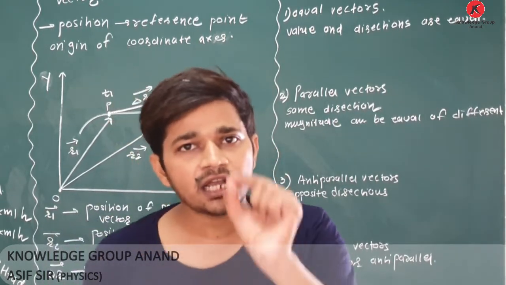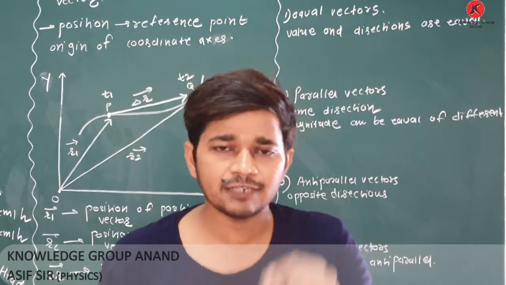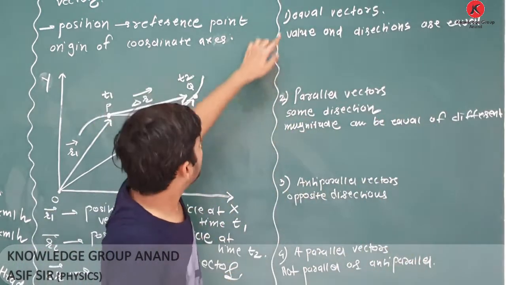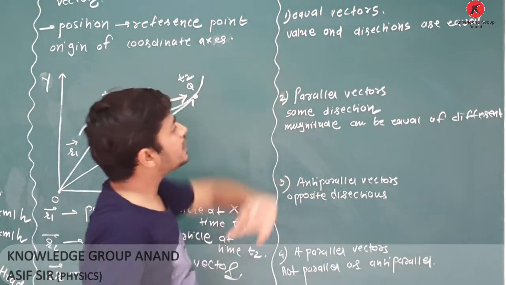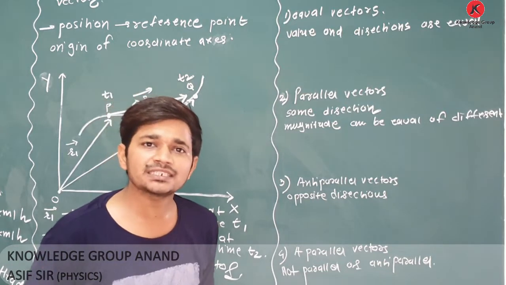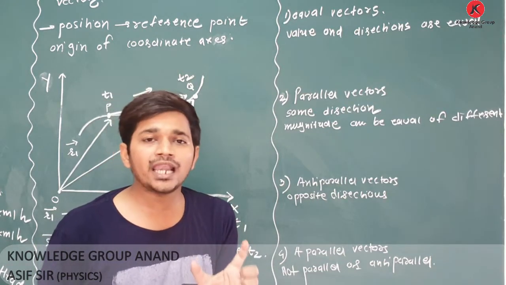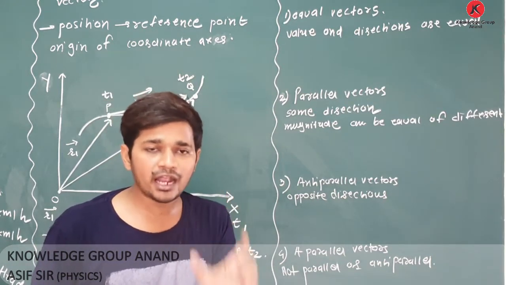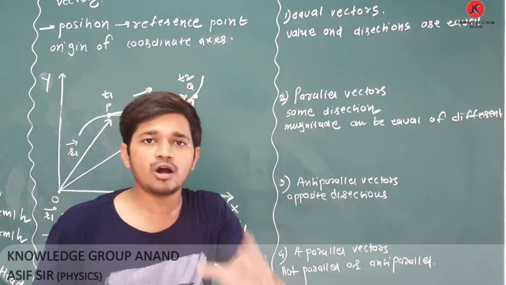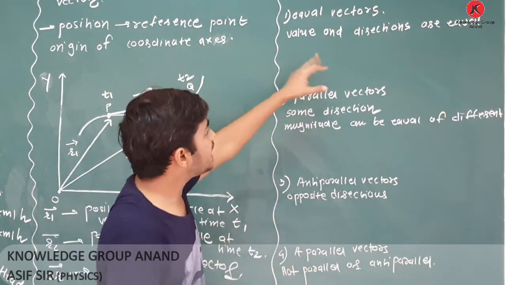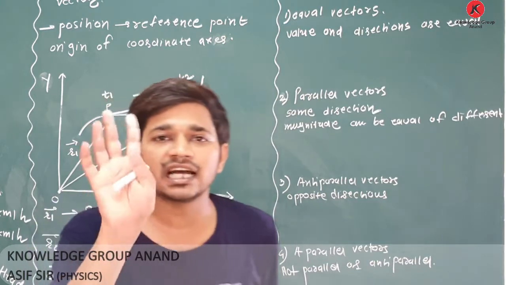The head indicates in which direction the quantity's effect is prevailing. Equal vectors means values and directions are equal. Values means their lengths are equal, the length of the arrow is the same. And same direction means the heads are in the same direction.